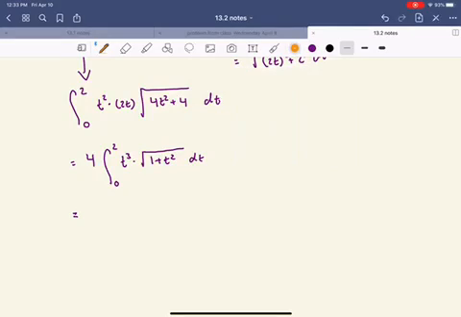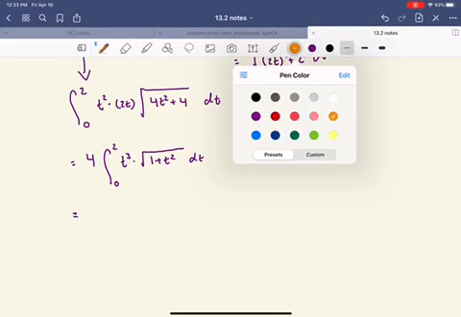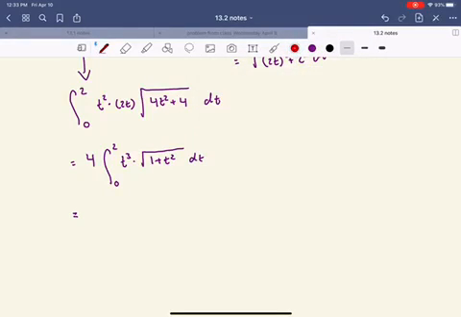My u is going to be 1 plus t squared. That means my du is going to be 2t dt. I'm just going to write down here that t squared is going to be u minus 1.